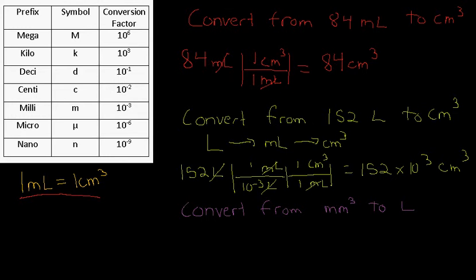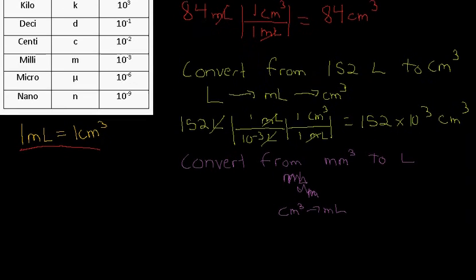So let's think about what we need to do. When I'm going from some cubic meter type of unit to liters, I know that at some point I'm going to have to go from centimeters cubed to milliliters. That's the one thing that allows me to go between meters cubed and milliliters. So I'm going to keep that in mind.